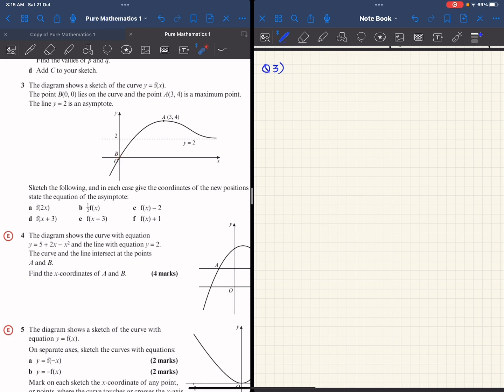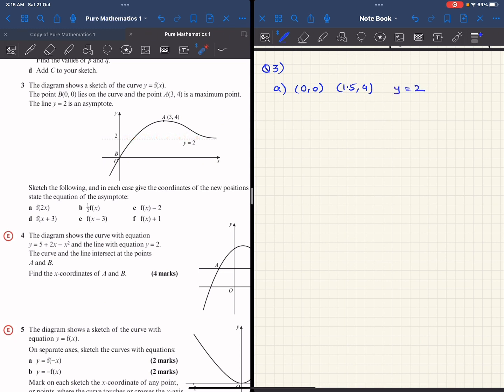So for A, the coordinate (0, 0) remains as (0, 0). And for the coordinate (3, 4), the x coordinate will be divided by 2, so it will become 1.5. y will remain unchanged. And since this is the y asymptote, it will remain unchanged. So y is equal to 2.